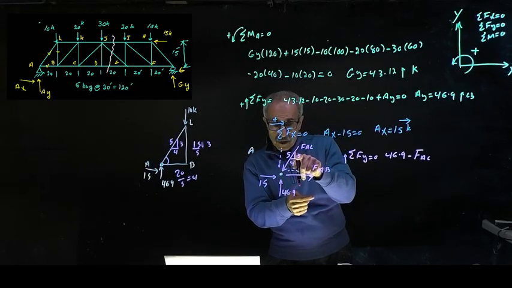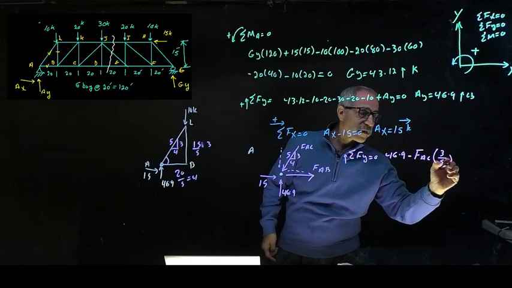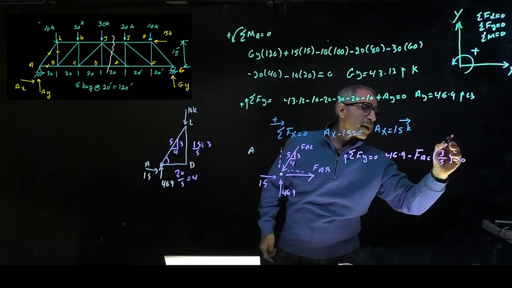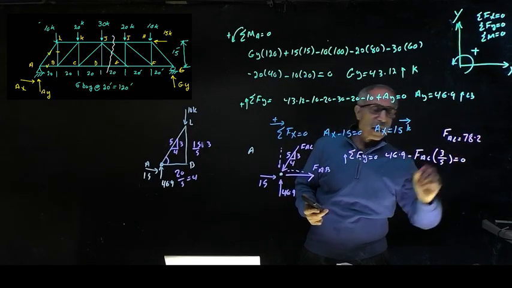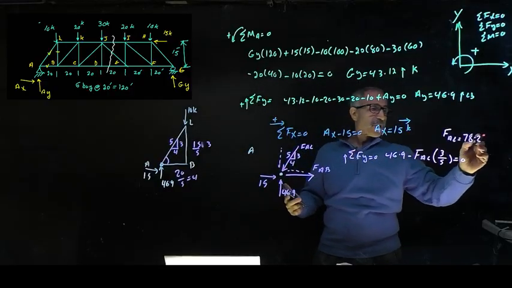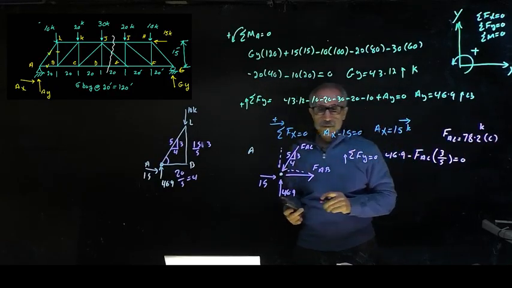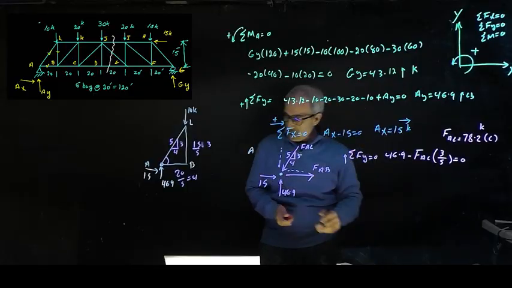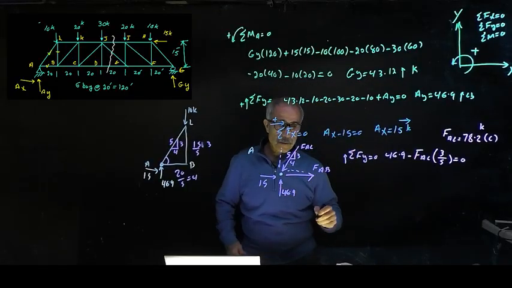This is a vertical, 3 divided by 5. So it equals 0, and FAL comes out to be 0.2. And because my number came out positive, therefore this is going to be in kip, but it's going to be in compression.